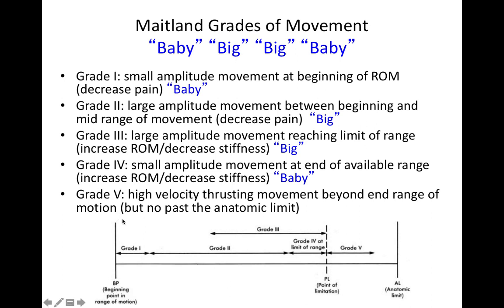What that means is at the beginning, a grade 1 is going to be a baby movement, so a small oscillatory movement. A grade 2 is going to be big, so this is a larger amplitude movement. A grade 3 is also going to be big, a large amplitude movement, but now we're moving towards the point of limitation. A grade 4 is going to be a small amplitude movement at the end of the available range.